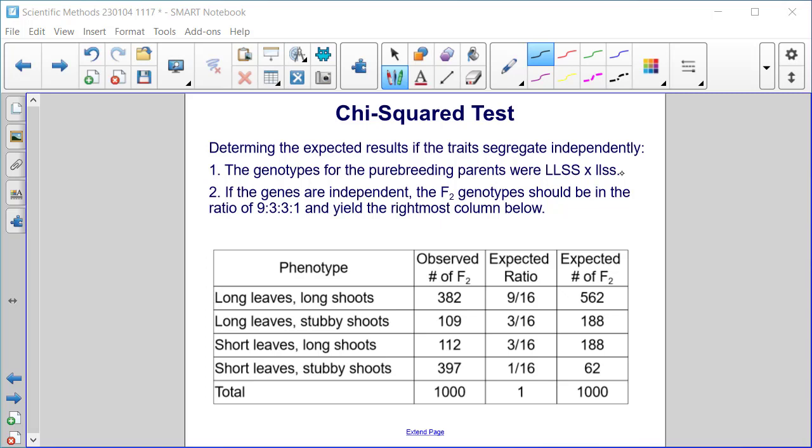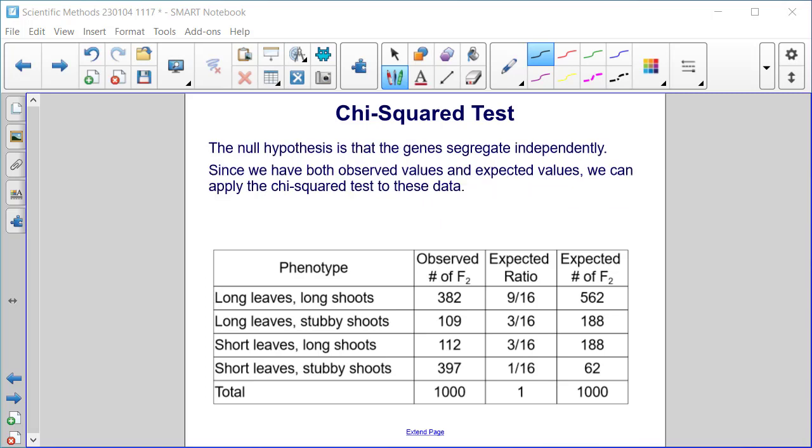So here's what we would expect with independent assortment. 562 of the 1,000 with long leaves and long shoots, 188 with long leaves and stubby shoots and short leaves and long shoots, and 62 with short leaves and stubby shoots, leading to an expected ratio of 9:3:3:1.